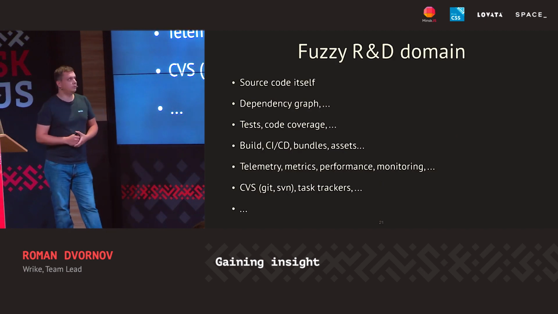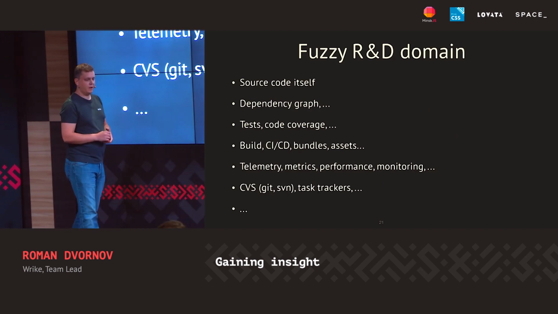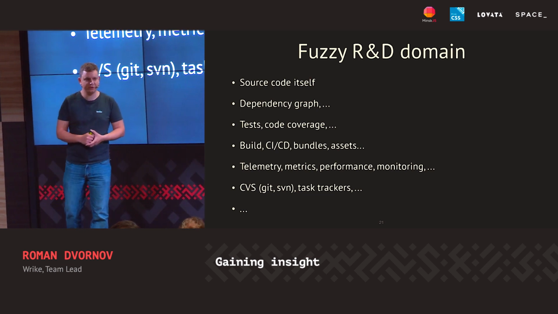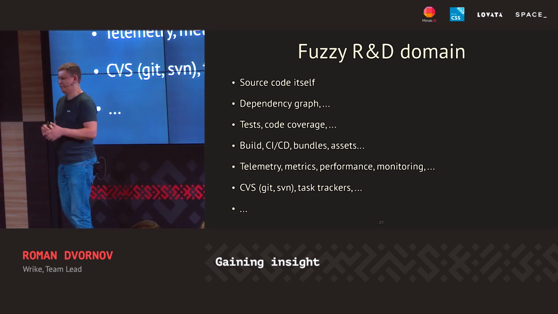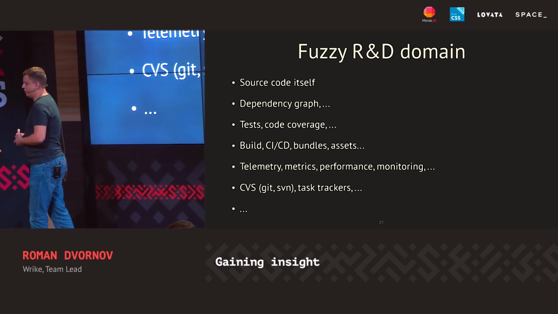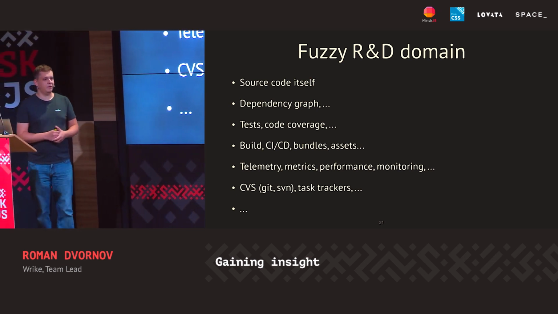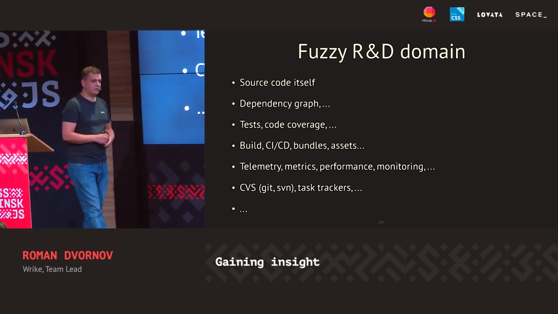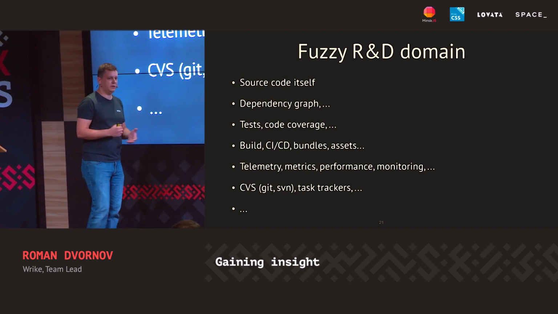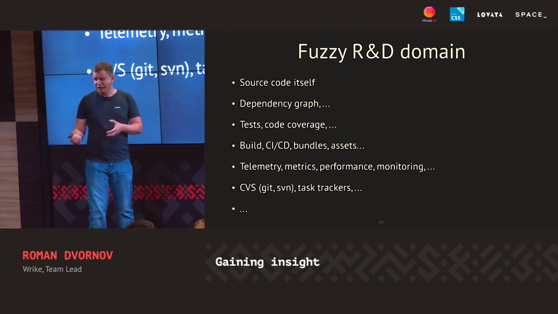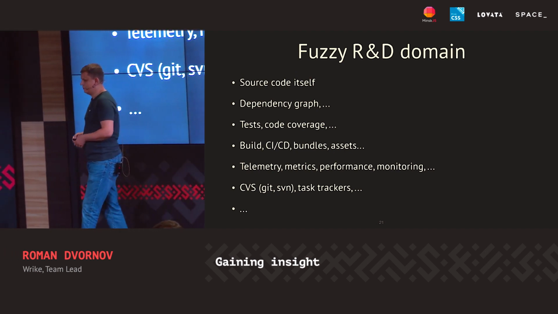And if we take a look at the fuzzy R&D domain, there are many fields where we can find something. For example, it's the dependency graph, it's the build, it's performance, it's version control systems, and so on.